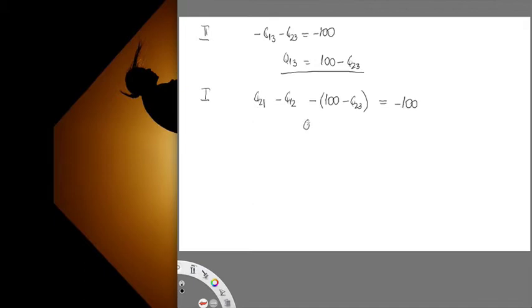Then my Q21 is minus 100 plus Q12 minus Q23, correct? Did I mix anything up?